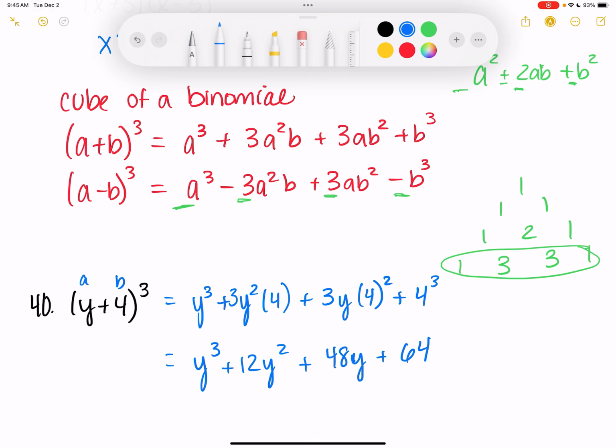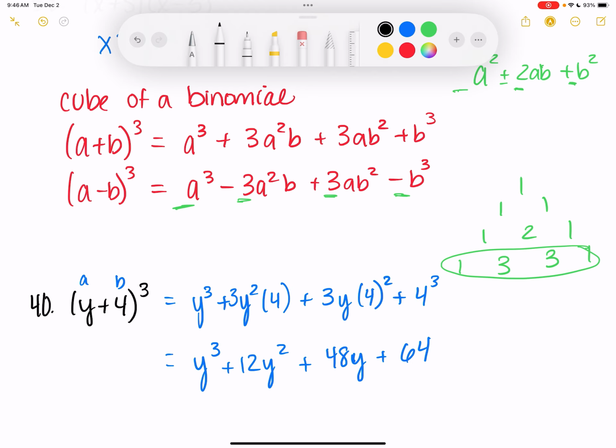Because sometimes if there's numbers here rather than variables, obviously they're getting multiplied. But your initial setup would follow this pattern, which is how I've written it here. Okay? But like I said, if you forget the pattern, you can always just do y plus 4 times y plus 4 times y plus 4, and you can do it that way as well. Not so much worried about you getting this correct pattern as I am about you getting the right answer.